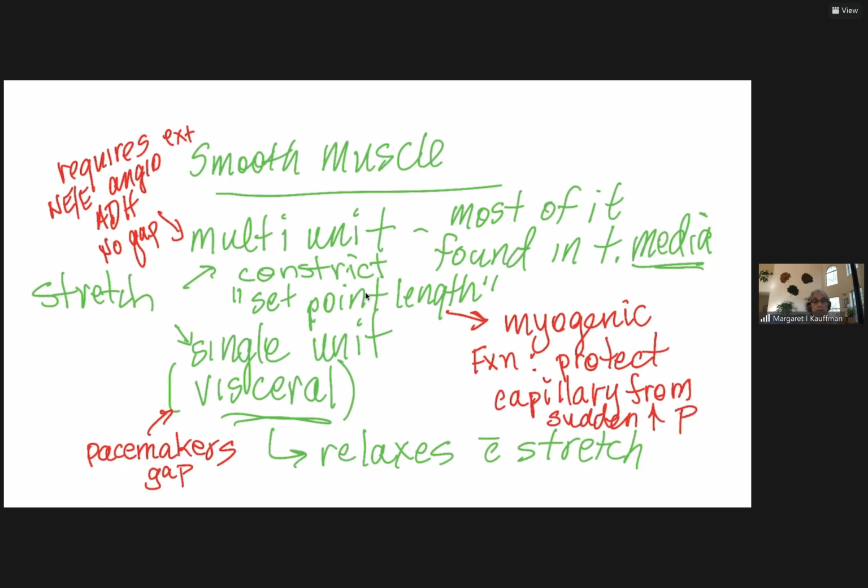So even though they stick it in intrinsic, and it is intrinsic because it's a feature of the smooth muscle that's making up that organ, it's not really regulating based on local conditions of metabolism. It's based on local conditions of blood pressure change. So it's in that list, but make sure you understand that difference.